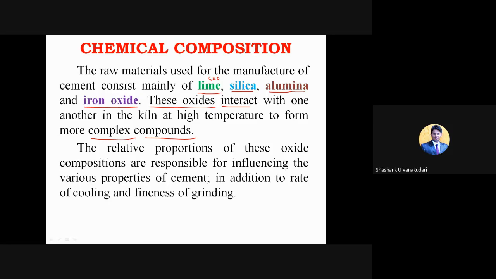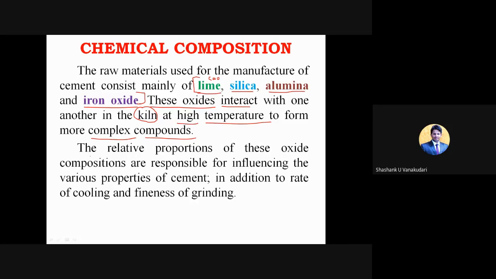In the rotary kiln, high temperature is provided, up to 1300 degrees Celsius to 1500 degrees Celsius. At that temperature, all these chemicals, lime, silica, alumina, and iron oxides, combine with each other and form more complex compounds in the end product.